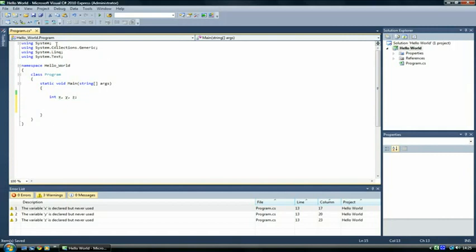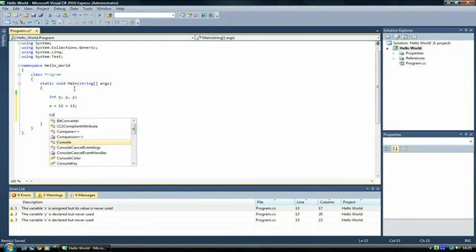Okay. So now that we've declared our variables, we're gonna do a sum to set what x is equal to. So we're gonna say x is equal to 12 plus 13. Very simple. That's all you do. You state the variable that's going to be equal to, you say equals 12 plus 13.